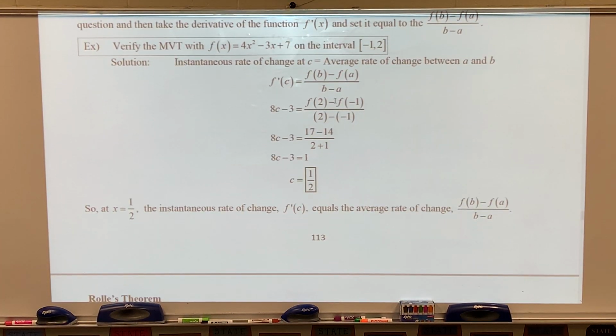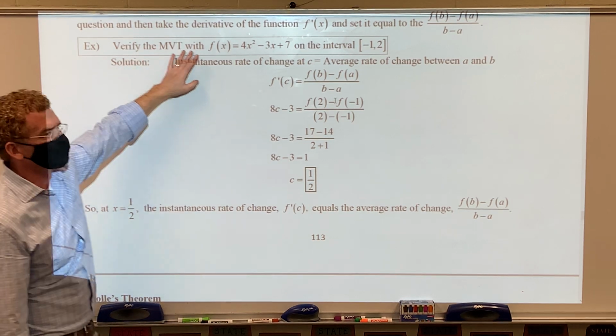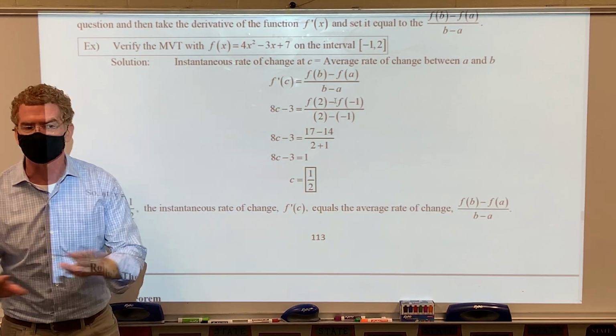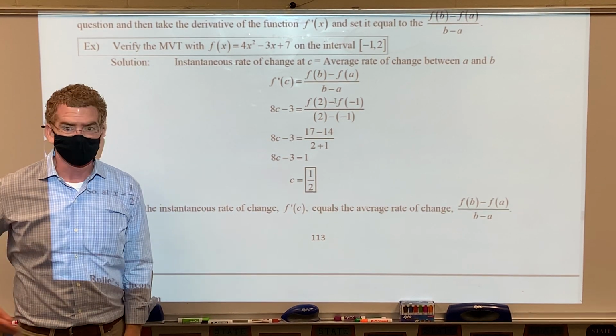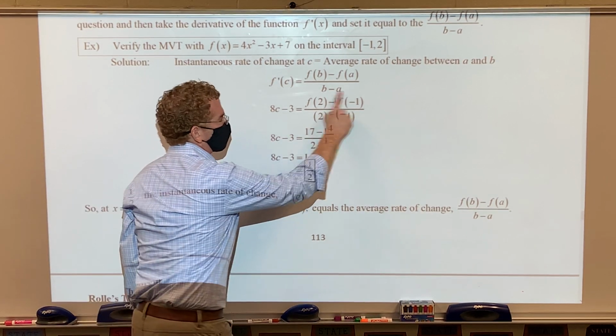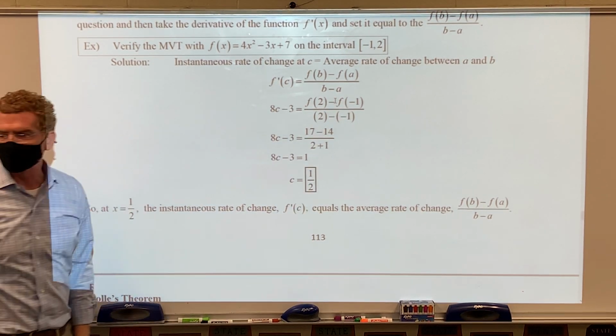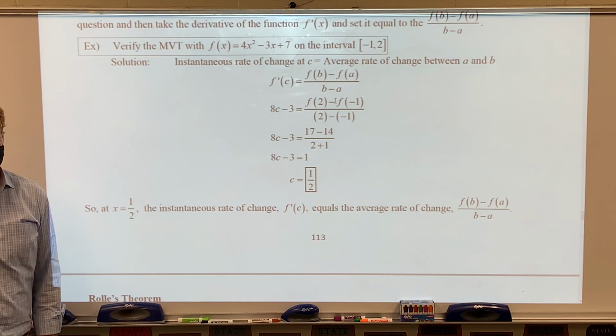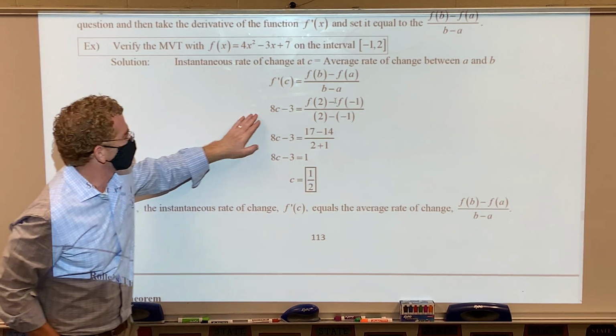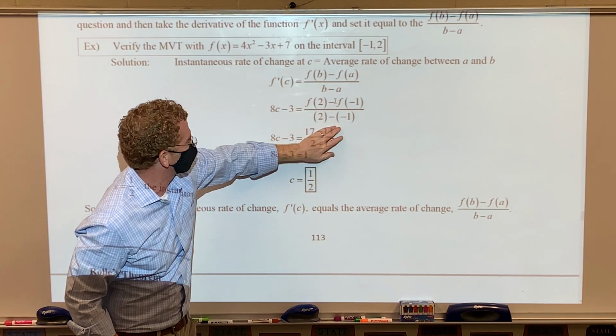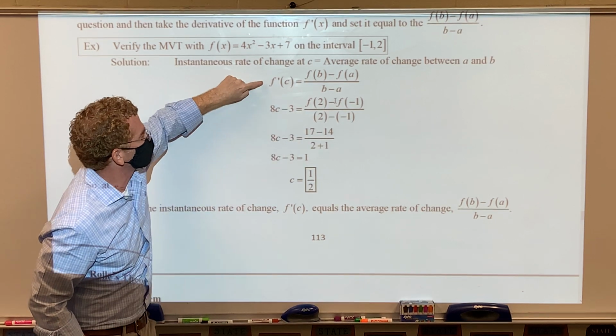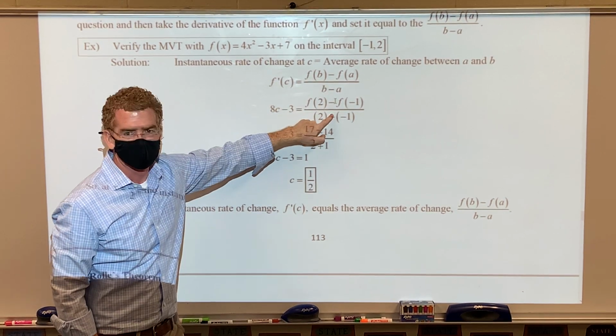So first question says, verify the mean value theorem. Well, if anybody ever tells you to verify the mean value theorem, then write it down to start with. Bam! Because you get a point for that on an AP test, on a problem like this. And if you don't write it down and you end up showing the derivative and showing the fact, you're still going to get credit, but you get credit for that statement or for this statement.